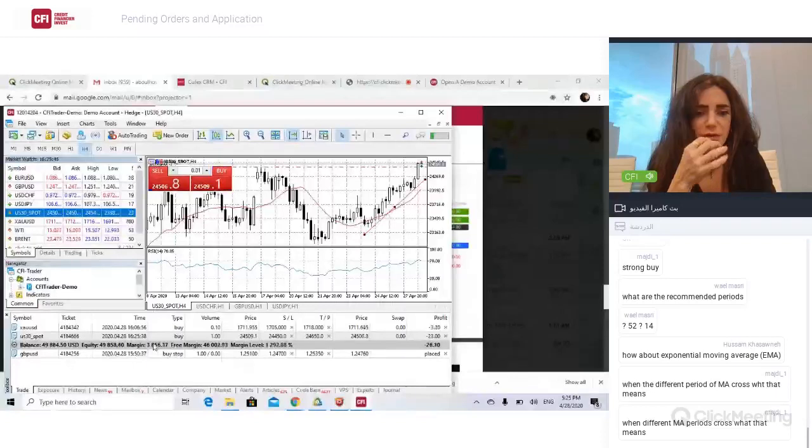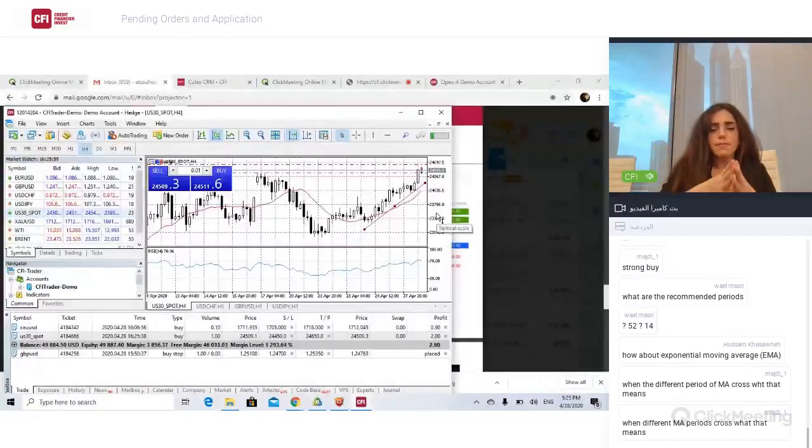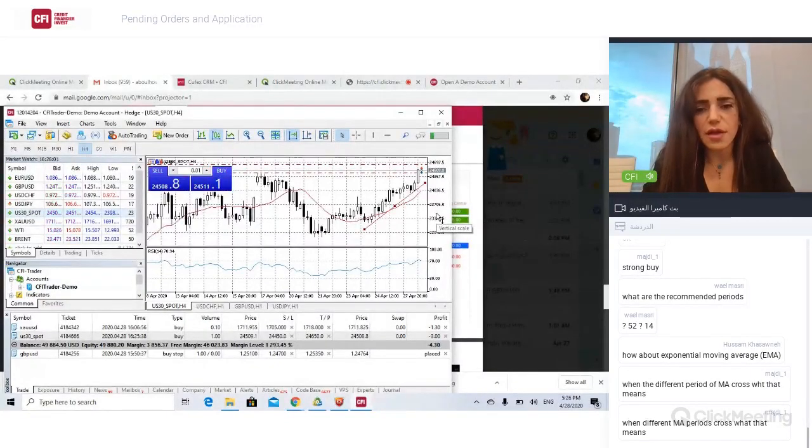So I should have in my account a minimum of $15,000 to be able to buy one lot of Dow Jones to be safe, to be in a risk-free position, because I'm only using 25% of my balance. Please, not more. If you are opening one big lot with 3,500 and you have a portfolio of $25,000 or $20,000, okay?